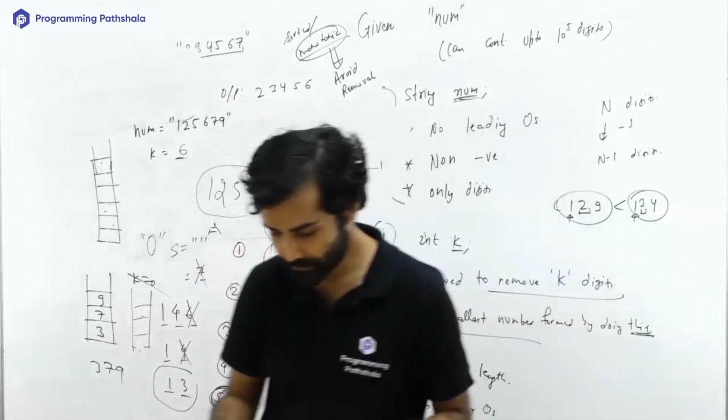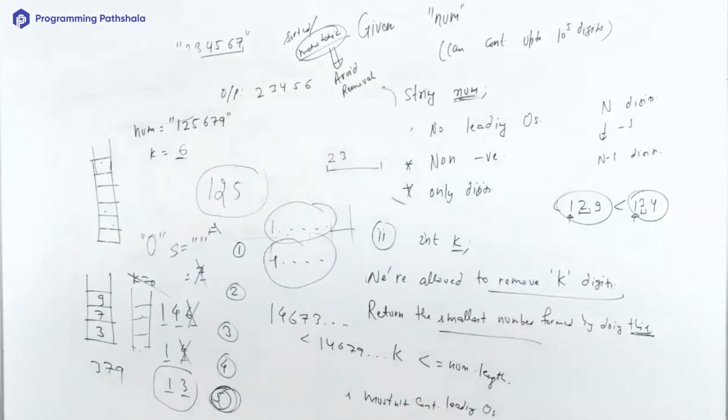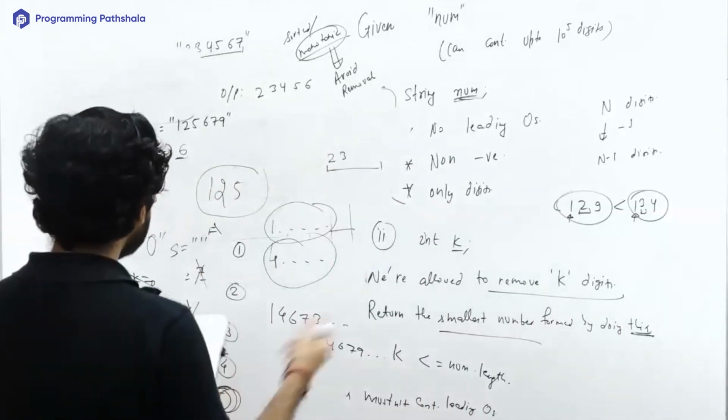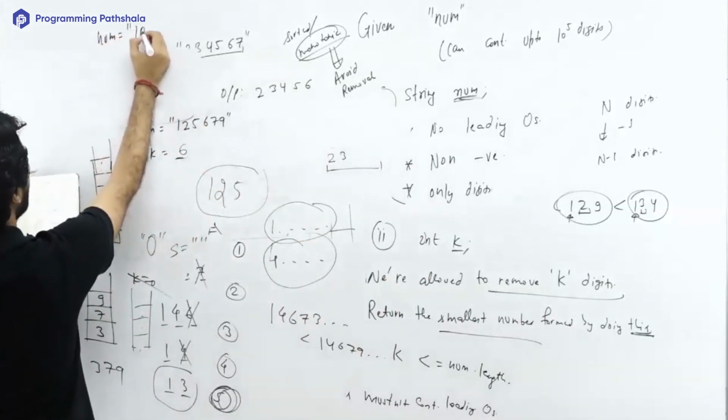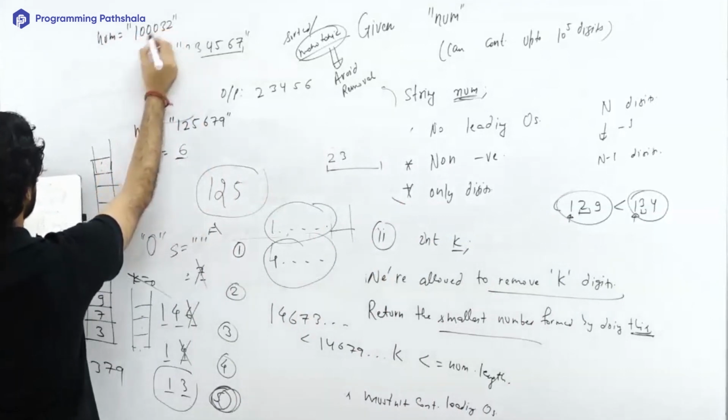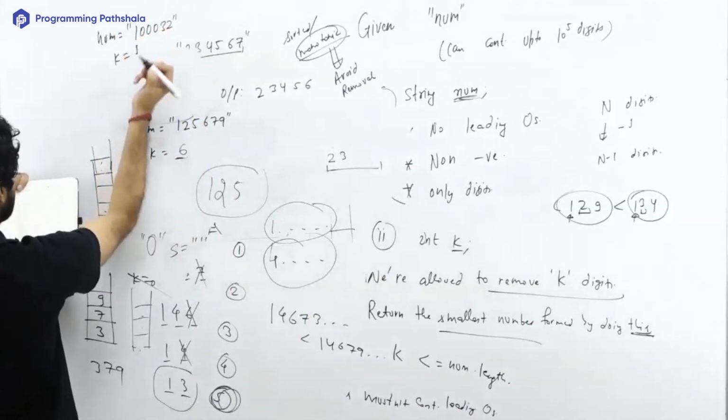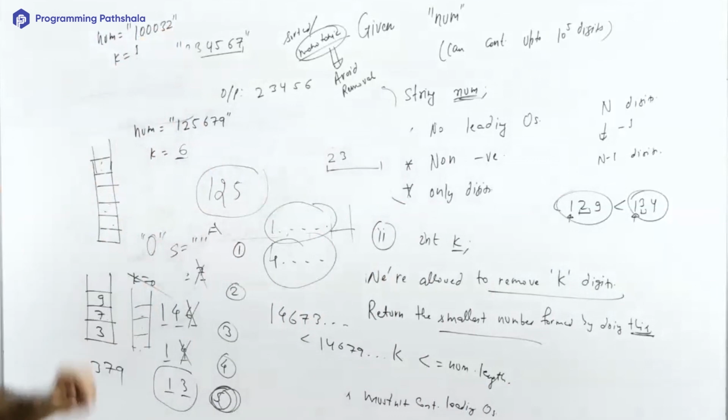Okay, cool. By the way, there is one more thing that I want you guys to keep in mind. Let's take an example. If my number is 10032 and k is 1, can somebody tell me what is the answer over here? I'm going to cover every test case, so just hold on for a while. What is going to be the answer over here? 32 is going to be the answer, right?